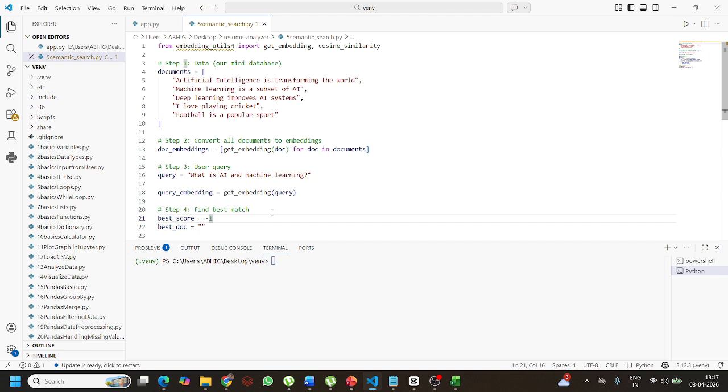We compare the document embeddings with the query embedding and calculate the similarity score. This tells how close the document is to the user question. Based on that, we will find the value. Let me run and get all these things.